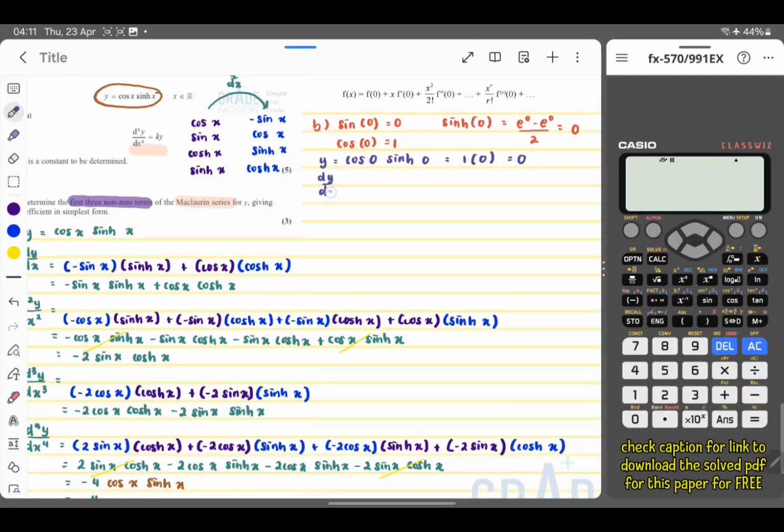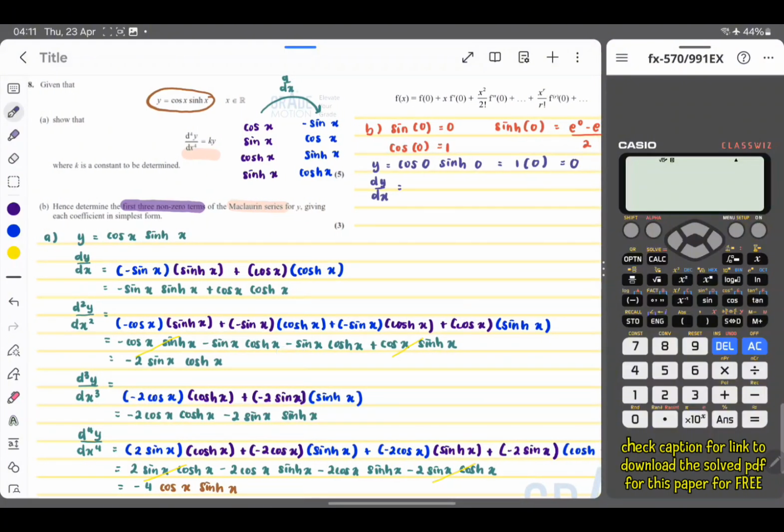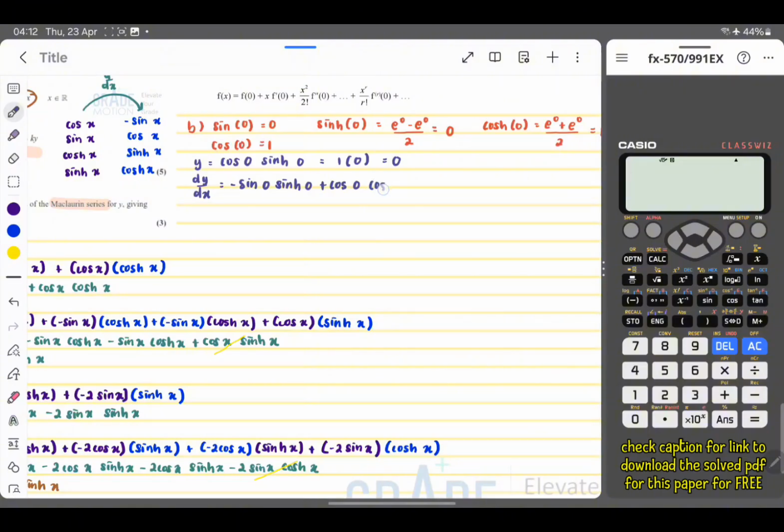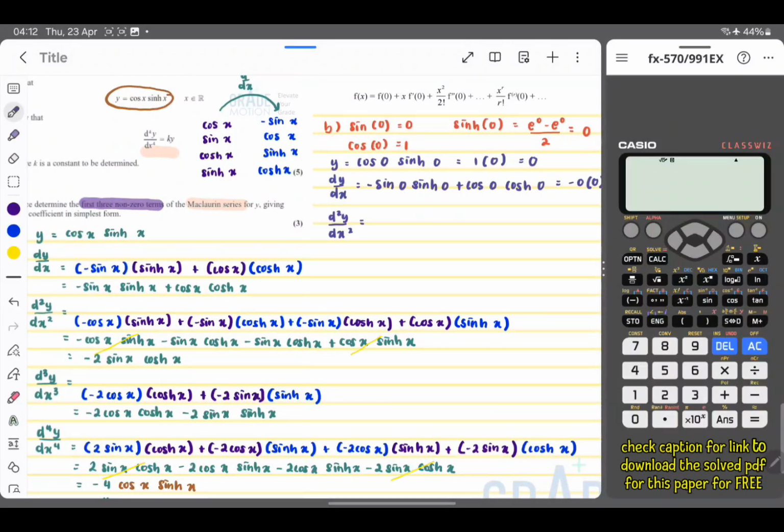dy/dx is equal to negative sin 0 sin 0 plus cos 0 cos 0. So what I have is negative 0 multiplied by 0 plus 1 multiplied by 1, which is equal to 1. Moving on to the second differentiation. Second differentiation is equal to negative 2 sin 0 cos 0.